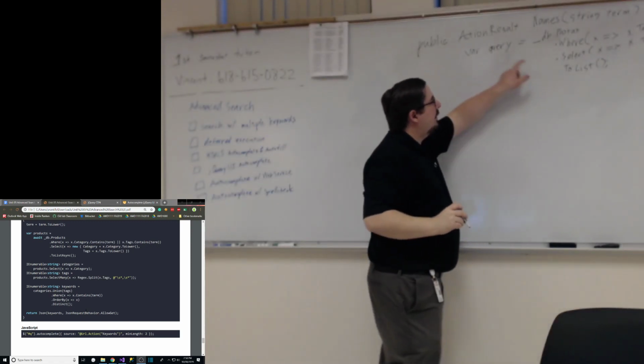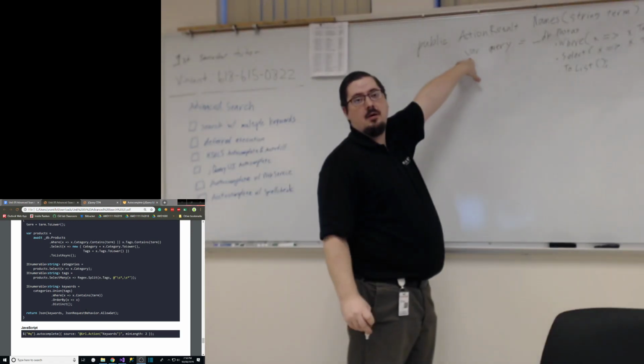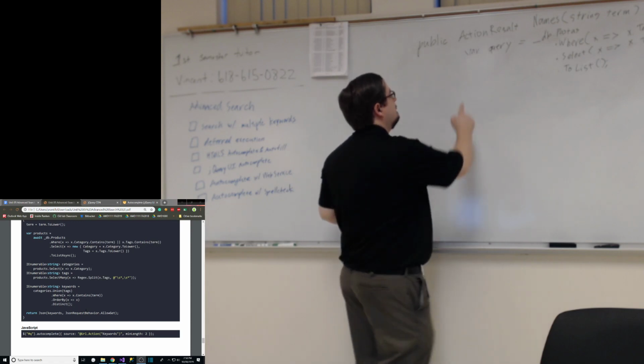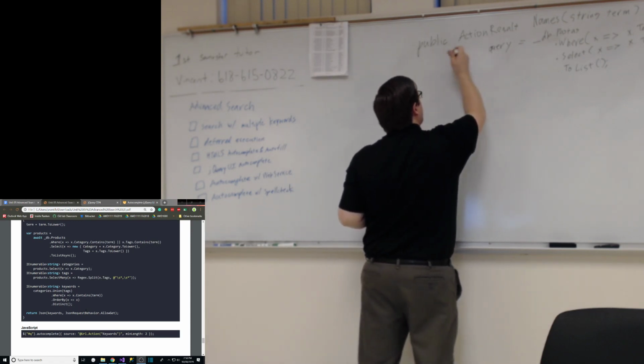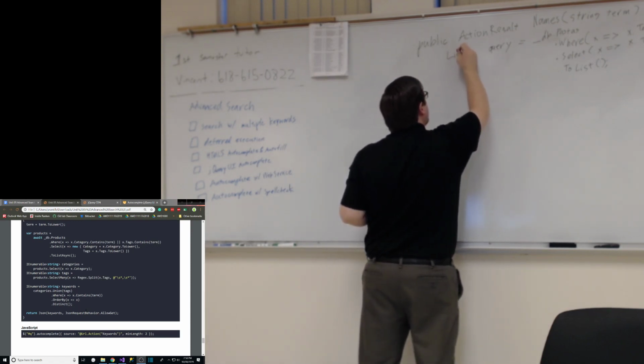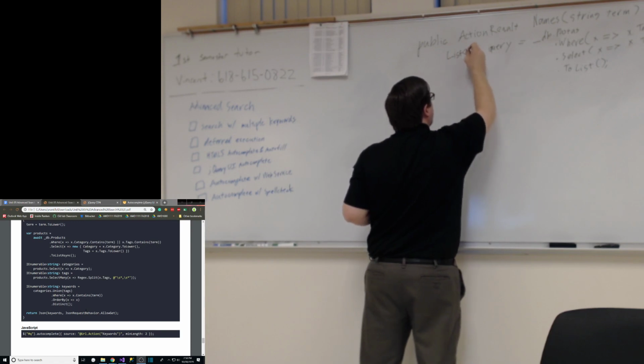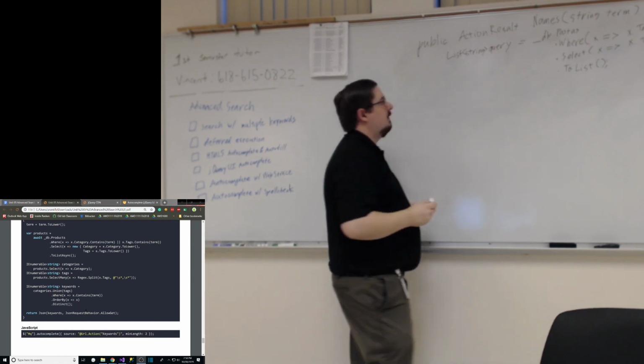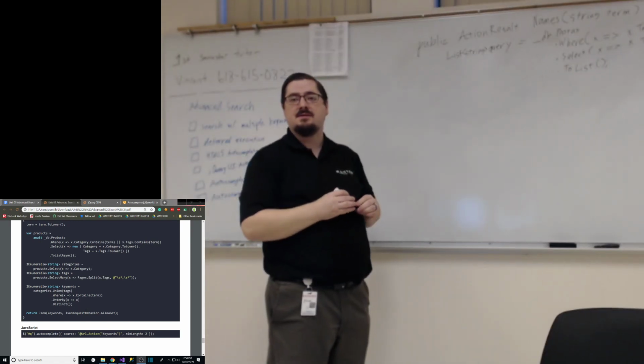So if I do that, this query now is a list of strings. Does that make sense? This query is a list of strings. So I'm just going to write that here, change that so that it's clear. String. That's a list of strings.